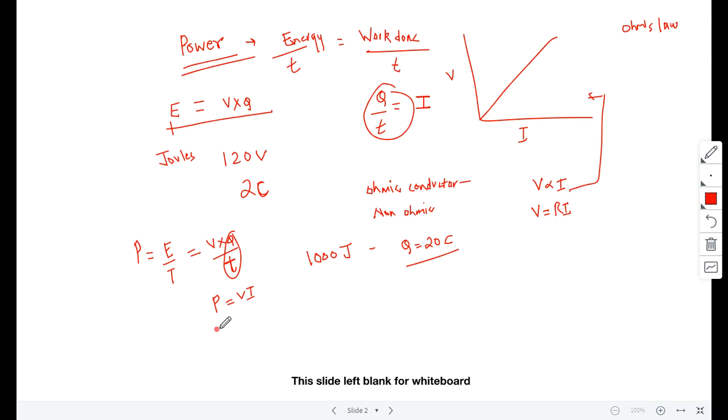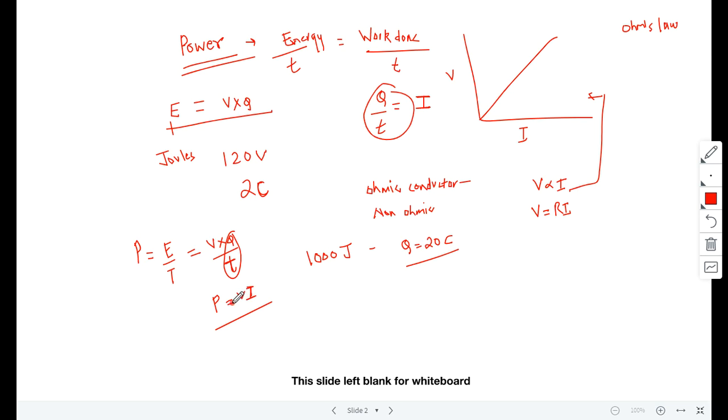Is this clear? So first you have to write the definition of power, that is the rate of work done, and formula wise it's energy over time.